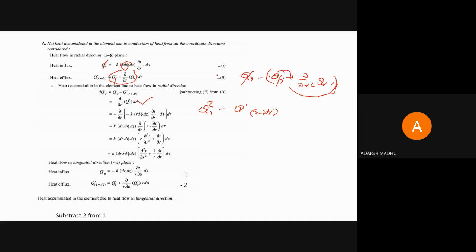We substitute qr from here: dou by dou r of minus k into r d phi dz dou T by dou r into d tau, and dr here. Okay, so let us expand it. What we are doing is the derivation.